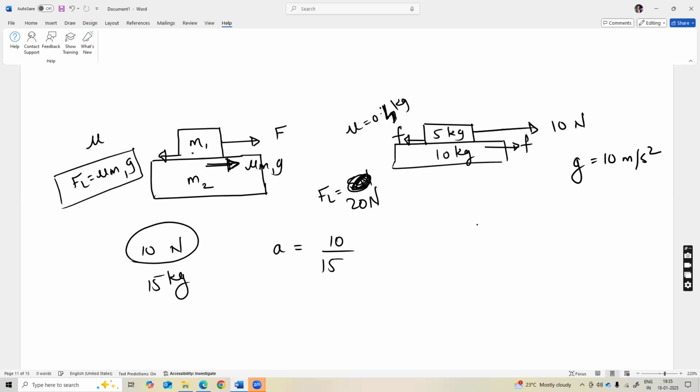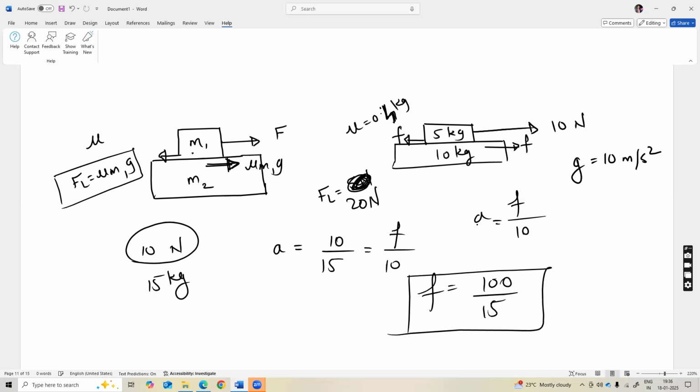Similarly, if you only consider this 10 kg block, the frictional force F is acting on it, and its mass is 10 kg. Since the whole system and the 10 kg block have the same acceleration because both move together, the acceleration of the 10 kg block is F upon 10. So you can equate 10 upon 15 is equal to F upon 10. You will get F is equal to 100 upon 15, and that will be the frictional force acting between these two blocks.